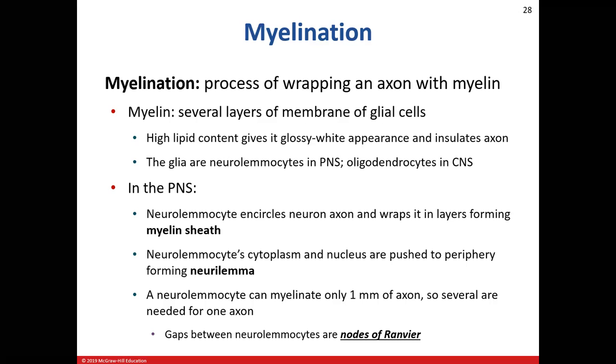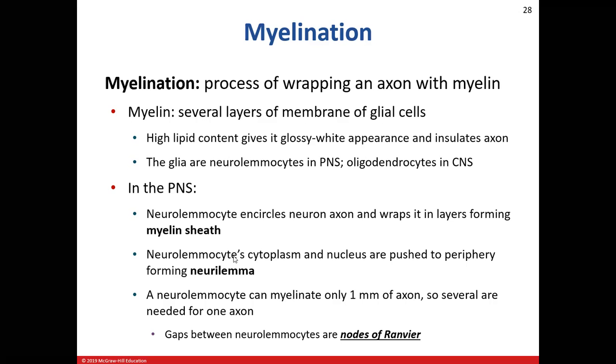Now, if we look at it in the PNS, the neurolemmacytes encircle the neuron axon, and wrap it in these concentric layers, forming the myelin sheath. The neurolemmacyte cytoplasm and nucleus are actually then pushed to the periphery, forming what we know as a neurolemma. Now, a neurolemmacyte or a Schwann cell can myelinate only about 1 millimeter of an axon.